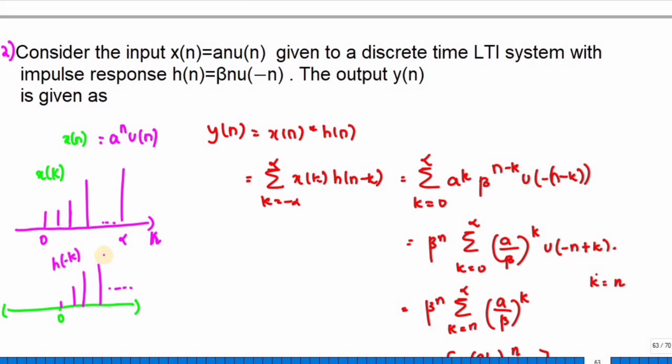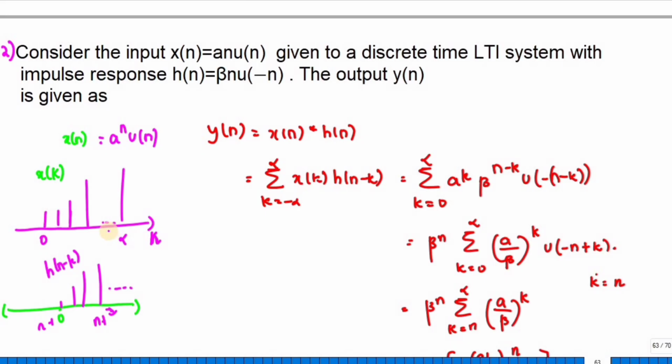Now I'm going to add n to this. If I add n, this will become n, and this will become n plus some values, which is present here. So now it becomes h(n - k). Now I'm going to intersect this.